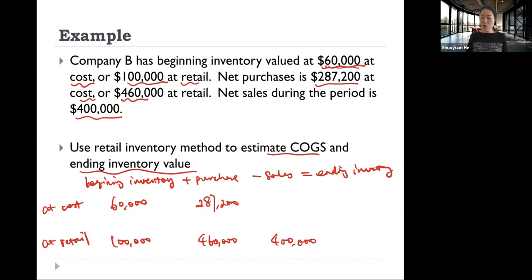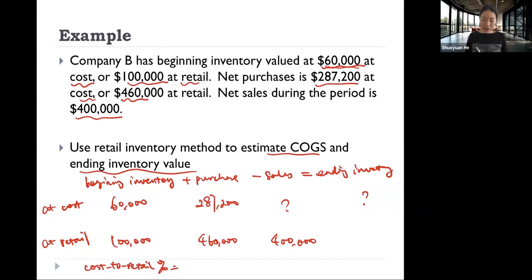And then what we need to know are those two numbers. And under the retail inventory method, our first step is we need to calculate a cost to retail percentage. How do we calculate this number?